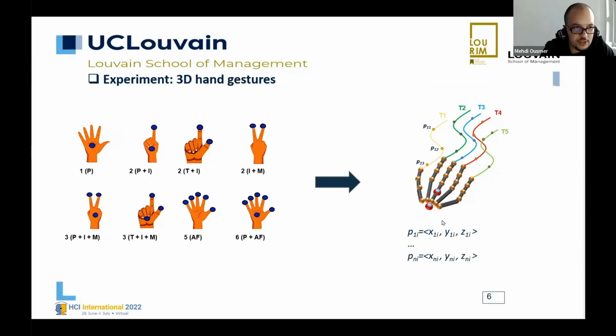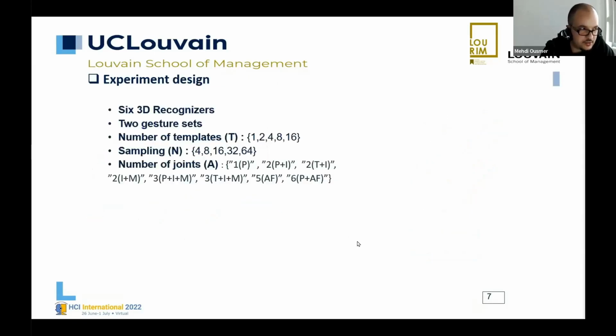As you can see from the image on the right, the gestures are sets of trajectories in a 3D space, where each joint is represented by a sequential series of single points. After choosing the recognizers, we test them on a series of conditions defined by 3 variables: the number of templates, the number of points, which is the sampling, and the number of joints.